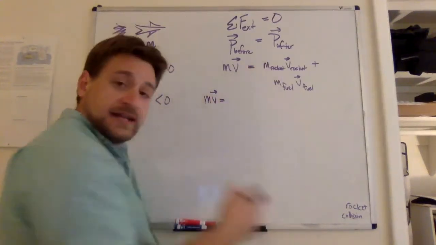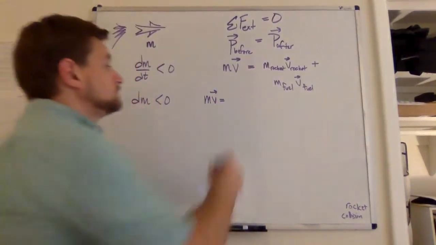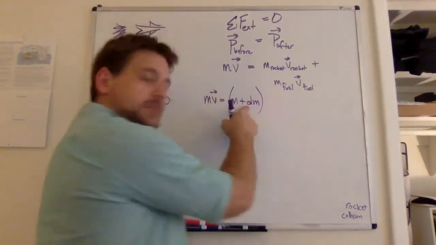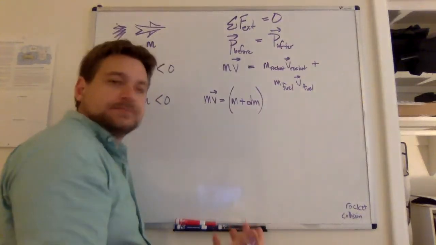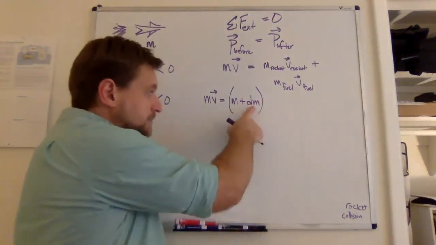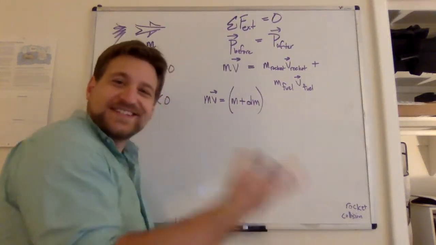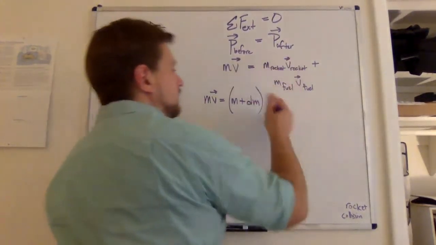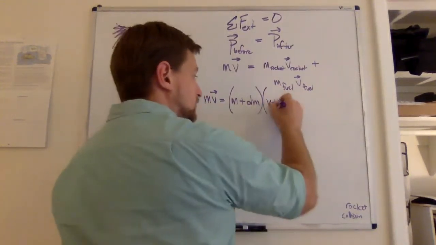Now, the mass of the rocket has decreased a little bit. By how much? dm. I'm going to write it this way because remember, dm is intrinsically negative. So m plus dm, m plus a little decrease, gets us a lesser mass than we started with. Our velocity is whatever it was plus a bit.